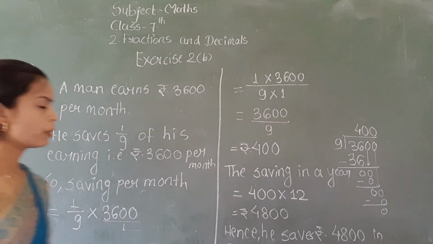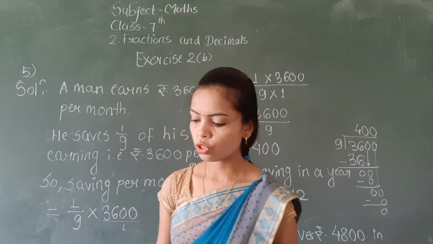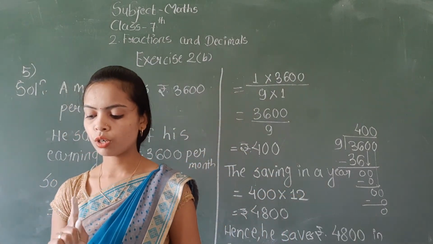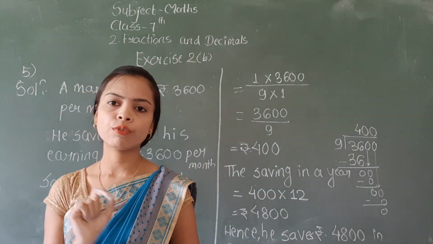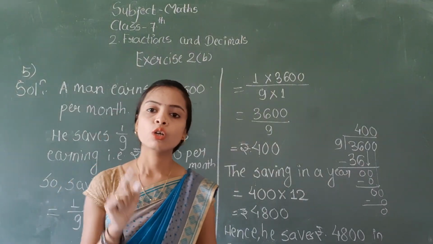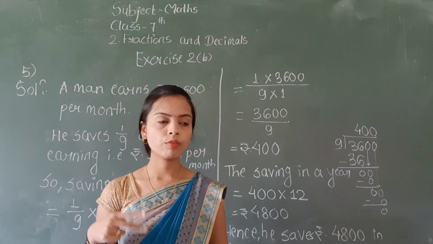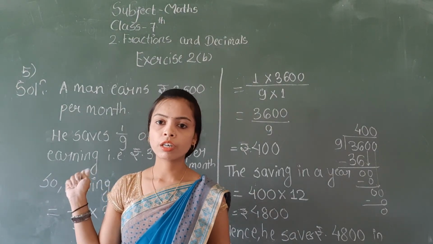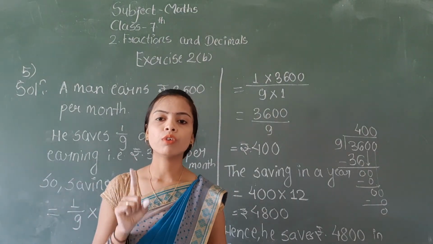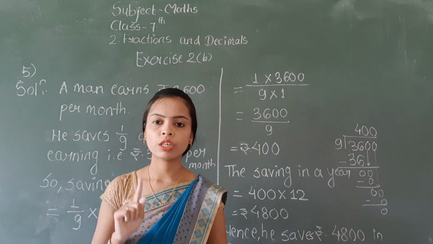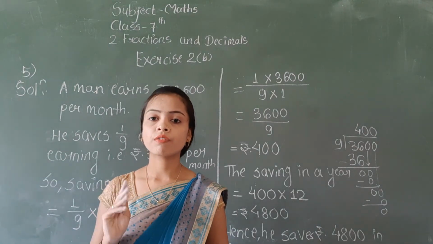Today we completed question number 4, in which one boy's weight is given and you have to find the weight of 40 boys, so we multiply the weight of each boy by 40. And if earning or saving for 1 month is given and you have to find it for a year, you multiply your saving by 12.